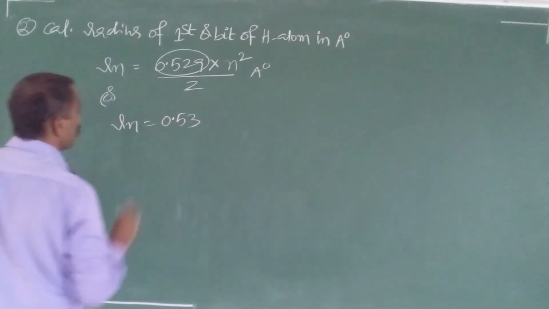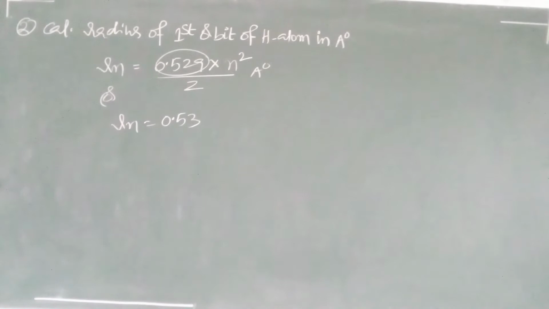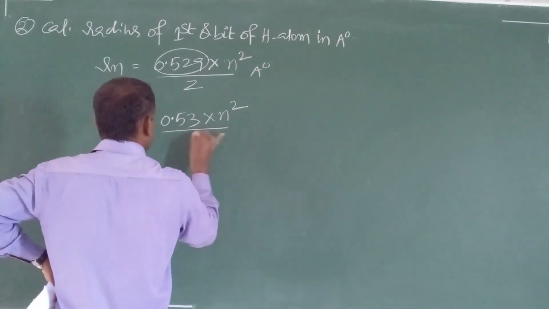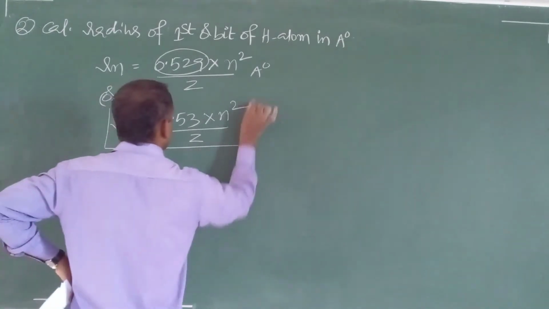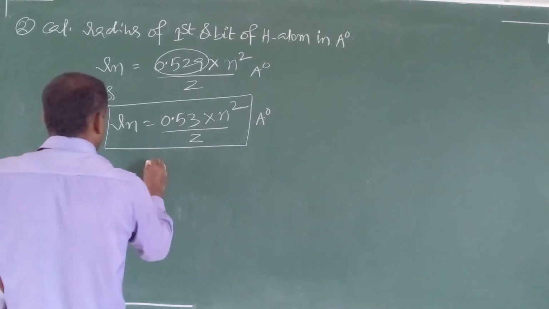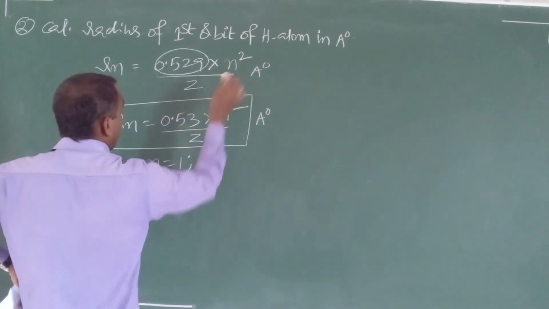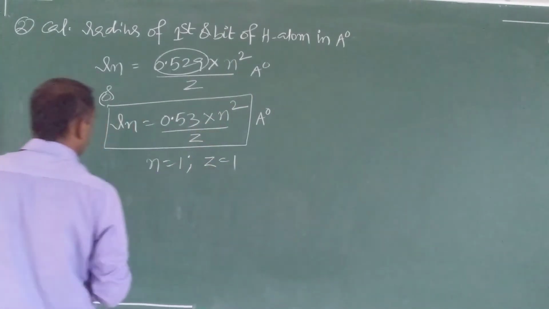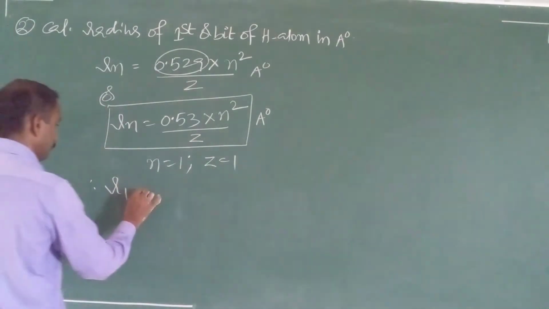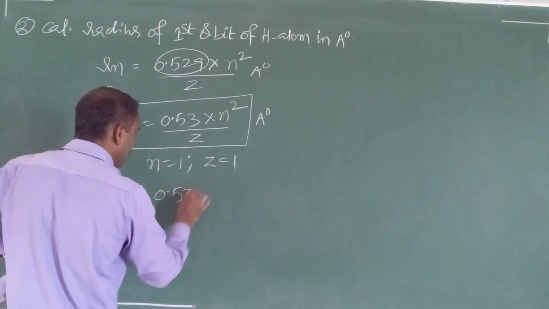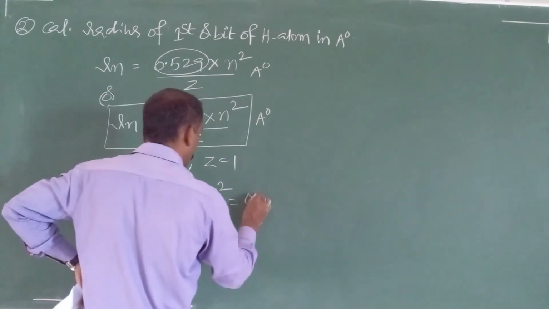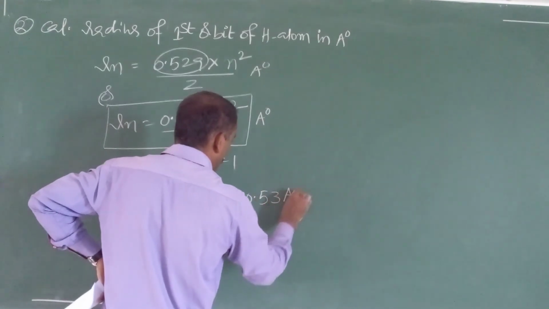My advice is you should remember 0.529 approximately taking as 0.53 into n square by z angstroms. Here which orbit? First orbit, n value 1. Hydrogen atom, z value 1. Therefore, radius of first orbit R1 equal to 0.53 into 1 square by 1 angstrom units, that equal to 0.53 angstroms.